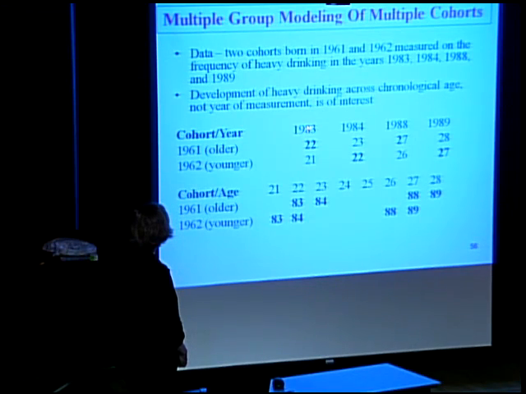So we know that in 1983, the older cohort had information on age 22, and in 1984, the younger cohort had information on age 22. For age 21, we only got information from the younger cohort in 1983. So that's how this particular box was created.